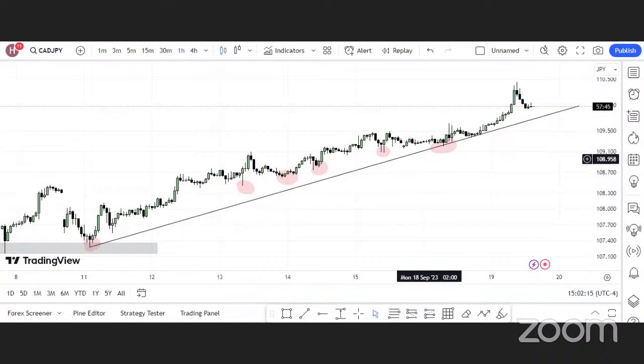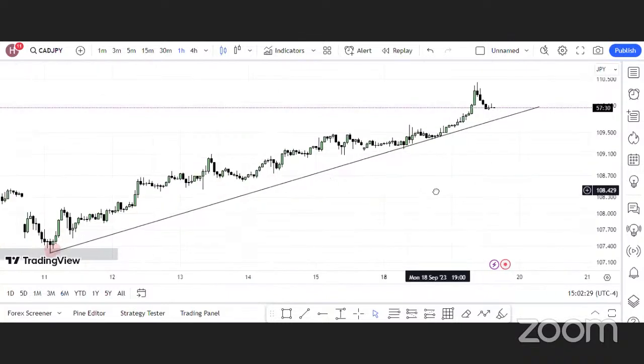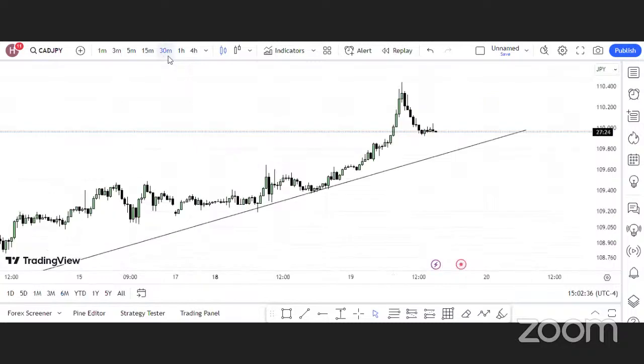And then for you to ask about entries, entries are very easy. How you get your entry depends on the time frame you are making your analysis on. After making this analysis on my 1 hour time frame, I like to go to the lower time frame, maybe the 30-minute or the 15-minute time frame.